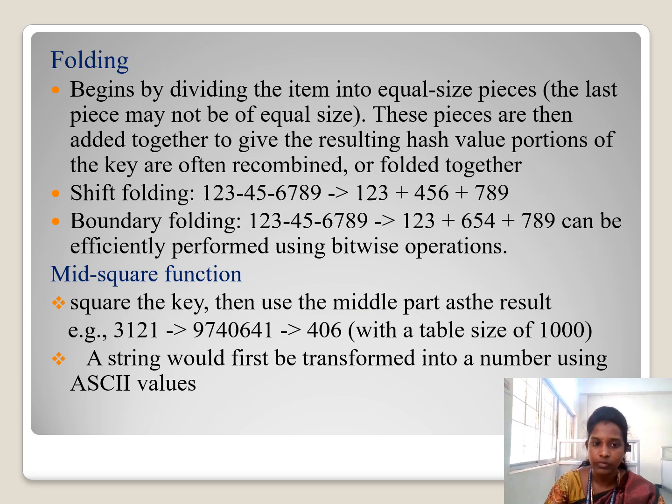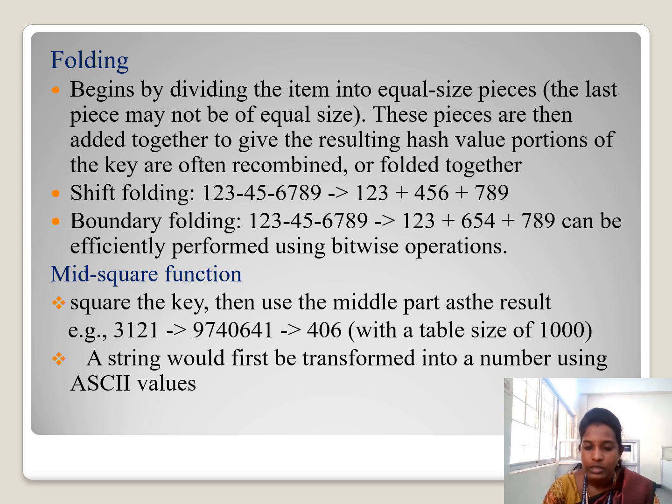Next is the folding method. In the upcoming slide I'll explain a problem based on the division method, folding method, and mid square method. What is folding? Folding means we are given an integer, for example 1 2 3 4.